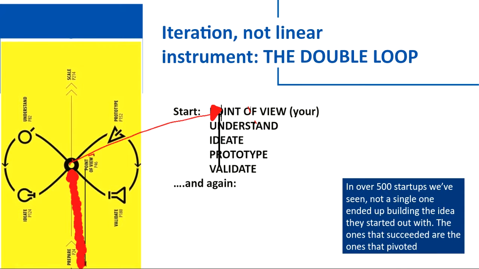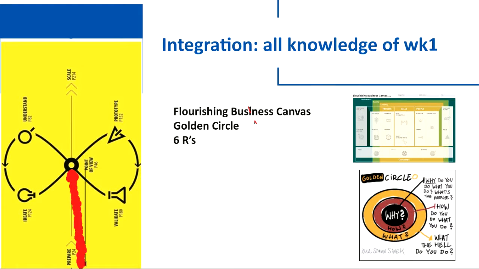Of course, you have to integrate all the knowledge that you gained in week 1 from Erwin, his lectures about the 3 R's, the golden circle, circular economy, no waste, a little waste, think about everything. So the Flourishing Business Canvas is quite leading.